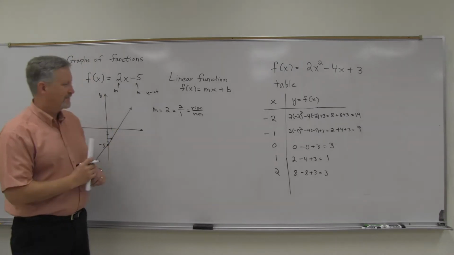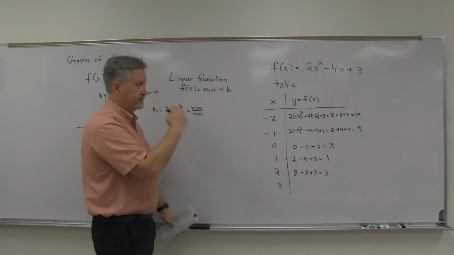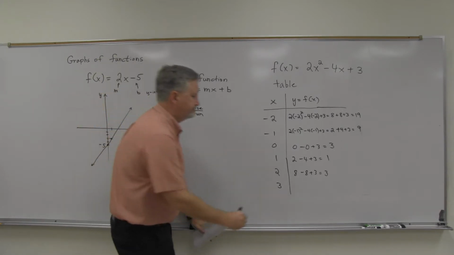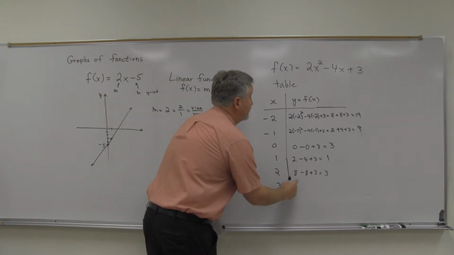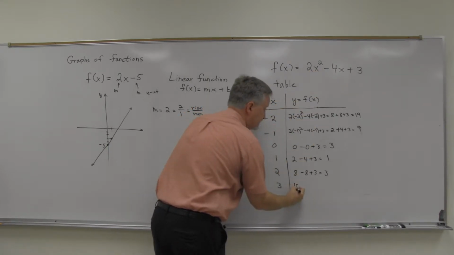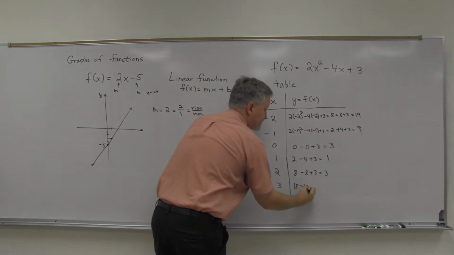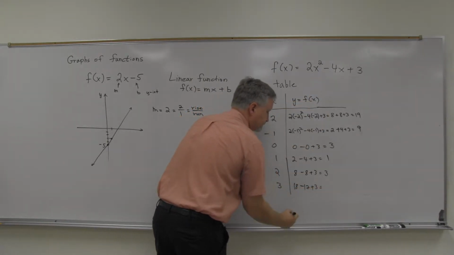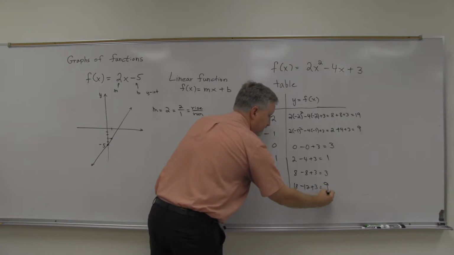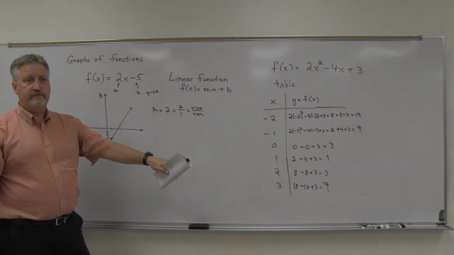Let me do one more. Let me do 3, just to see the progression. If I do 3, that's 3 squared, which is 9, 2 times 9 is 18, minus 12 plus 3, so we're back to 9 there. Those look right? Everybody good with that?